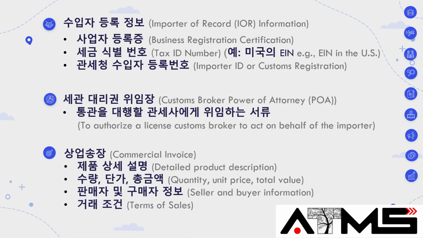Third, commercial invoice. There is no specific format required, but it must include a detailed description of the goods, quantity, unit price, and then total value per item, seller and buyer information, and terms of sale, also known as Incoterms, such as FOB, CIF, DDP, etc. These terms define where and how goods are handed over.